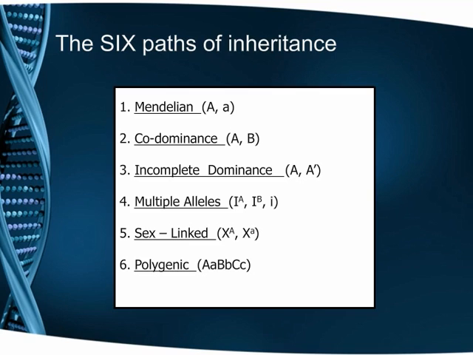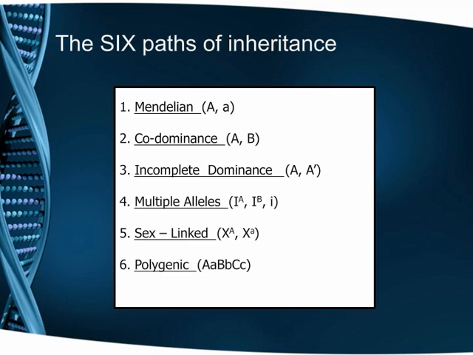Sex-linked inheritance is also termed X-linked inheritance because this type of inheritance takes place when the alleles are carried on the X chromosome. In this type of inheritance, we have two possible alleles, both of which are carried on the X chromosome.